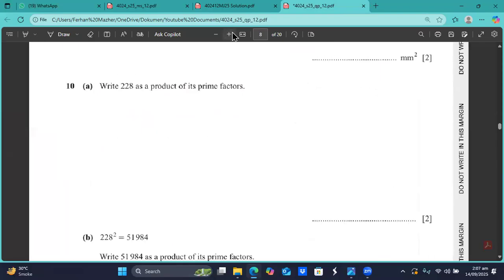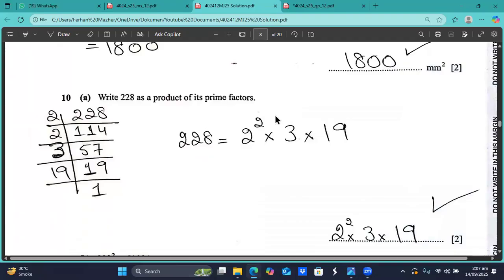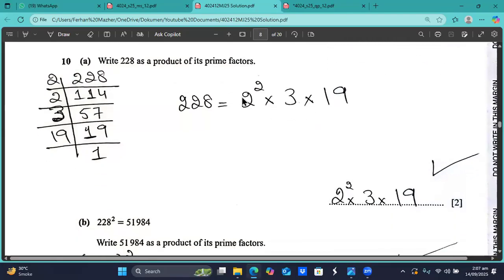Question number 10. He says, part A, write 228 as the product of its prime factors, a 2 marks part. Very simple, we can prime factorize them. So 228, we divide it by the smallest possible prime number, so we divide it by 2.